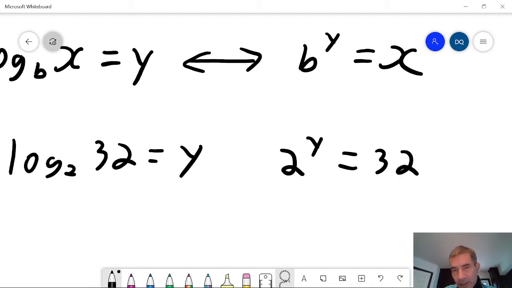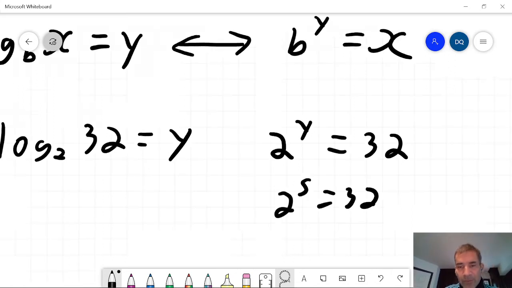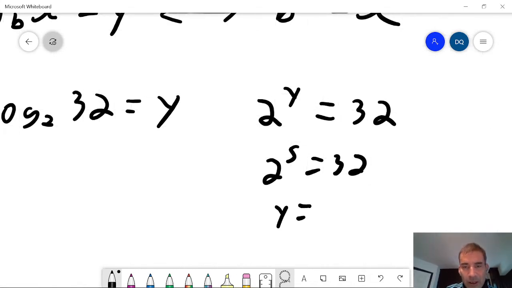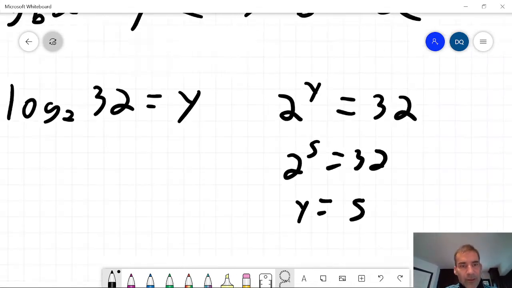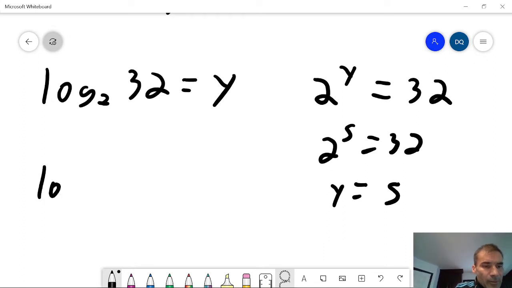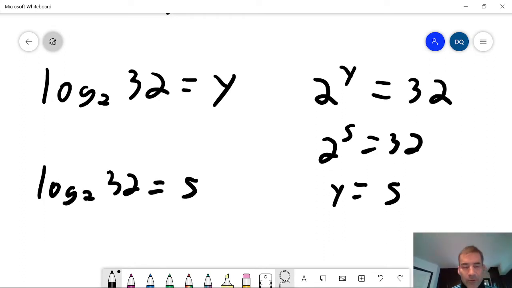I can then look at this and sort of count it out. 2, 4, 8, 16, 32. 2 to the exponent 5 is 32, therefore y is equal to 5. So base 2 log of 32 is equal to 5.